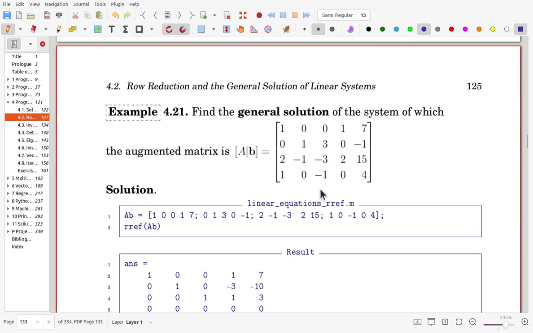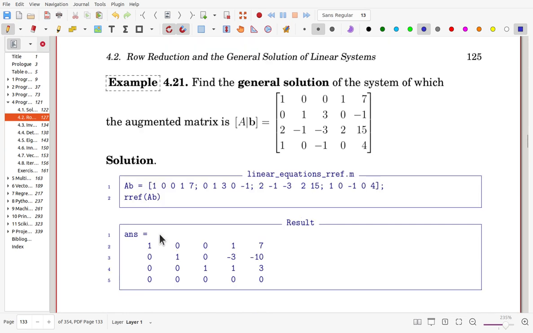Okay. Here, we find the general solution of the system whose augmented matrix is given in this matrix. For this problem, let's use a computer program. We define the augmented matrix here, and then we use the function RREF on the augmented matrix.